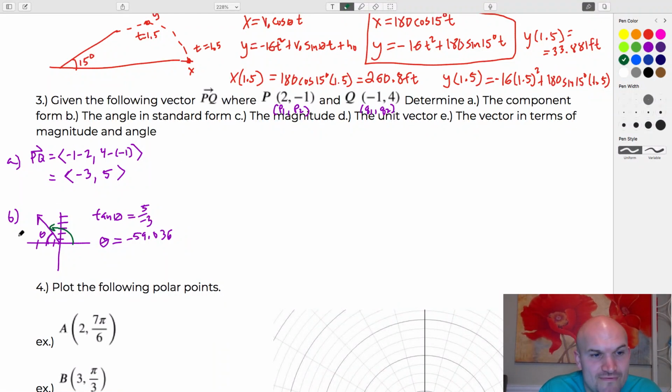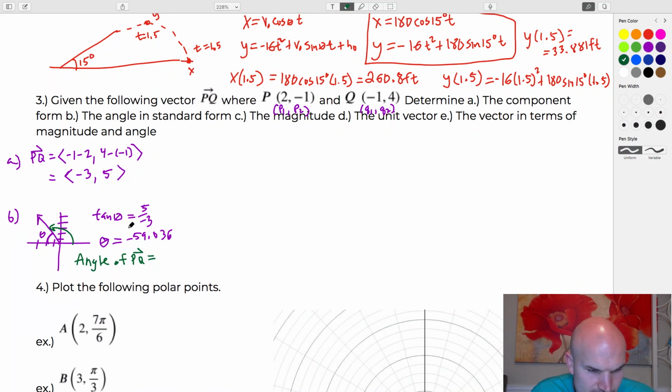So the angle of the vector, which I could give another name, or I can just say the angle of PQ, that's going to be 180 minus theta. But again, not the negative version, but the positive version.